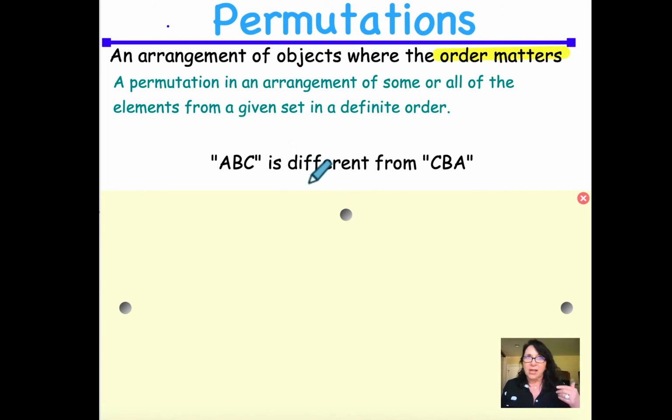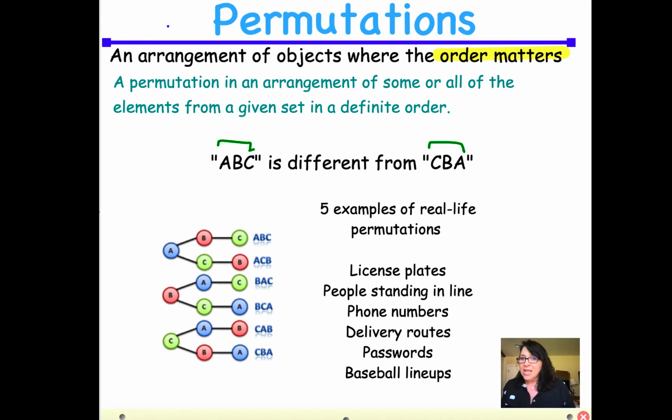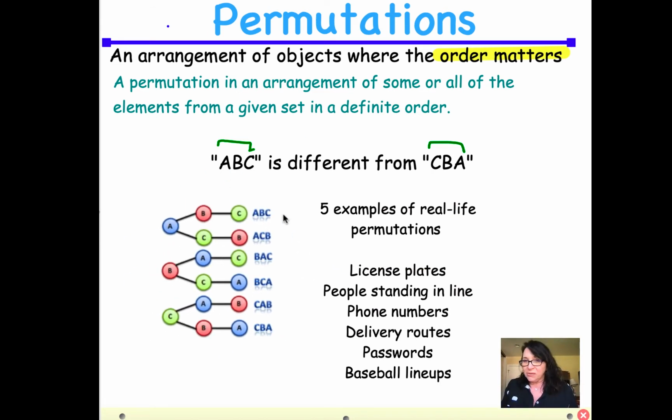Now, if order didn't matter, it wouldn't matter how I rewrite it. With a permutation, the way I write ABC is different than the way I write CBA. So order is going to matter. These are all the different ways that I could write ABC: ABC, ACB, BAC, BCA, CAB, and CBA.